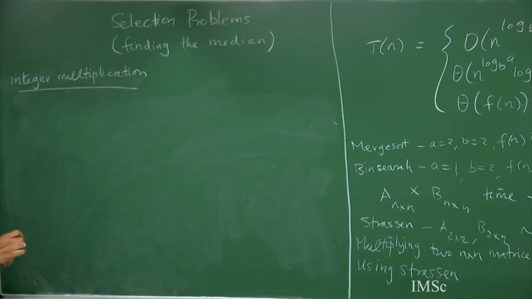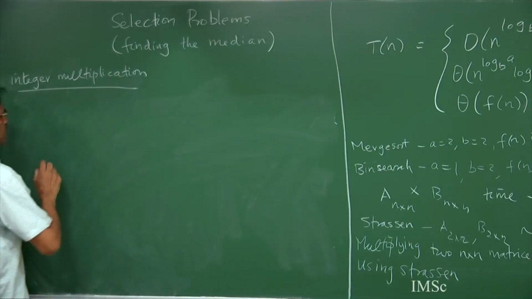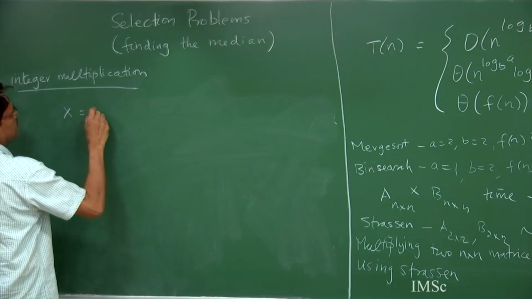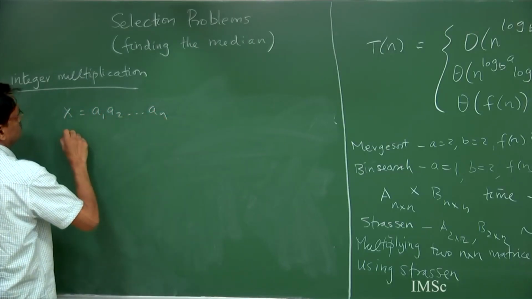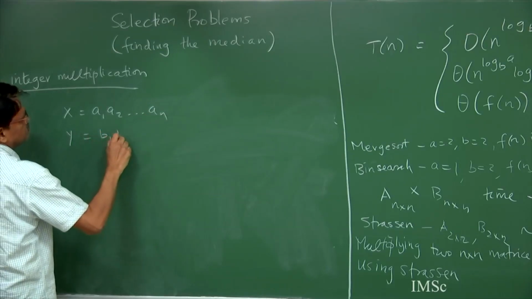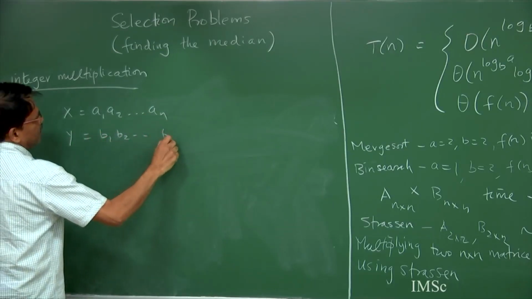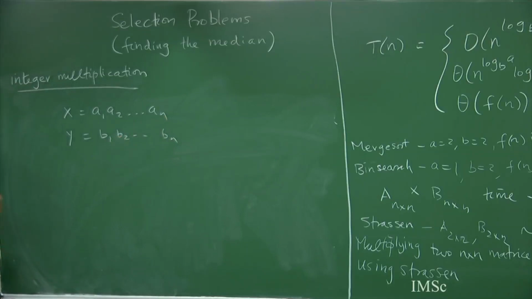I want to multiply two n digit numbers. Let's think of x as some number where you can think of each ai as a digit between 0 to 9, or binary, it does not matter. Let us say it is a decimal digit.